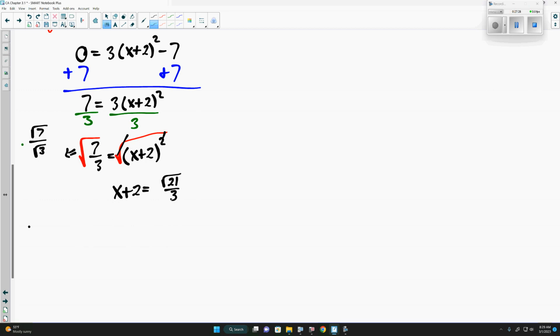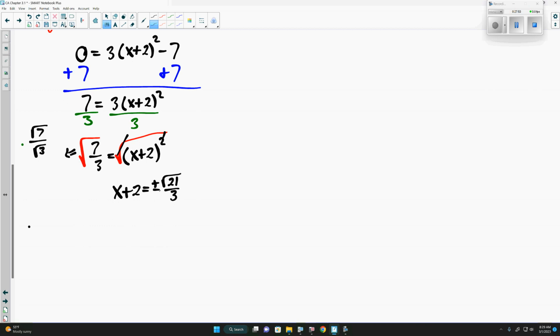Don't type it in as the square root of 7 over 3 as a whole. It'll just give it to you as a decimal, or it'll just throw it out. It doesn't like it. The calculator is temperamental on some things. So if you split it apart, it will give it to you. Now, again, whenever we take the square root of both sides, we have to add the plus or minus.